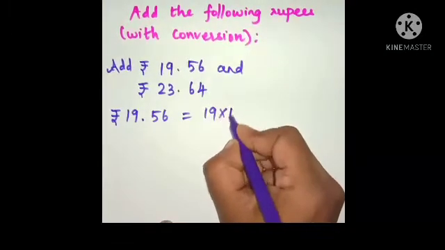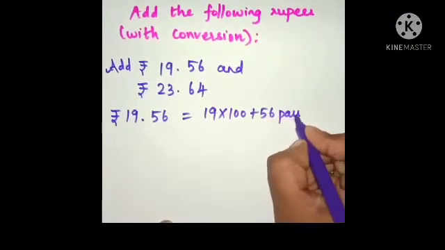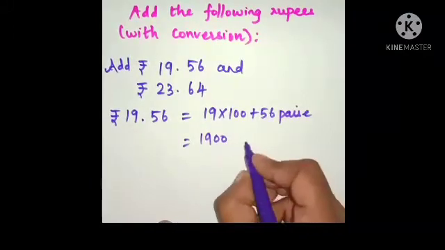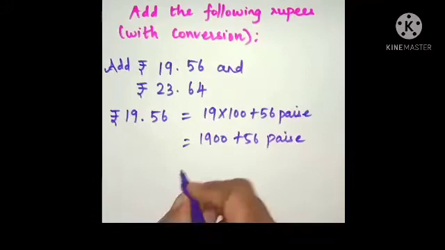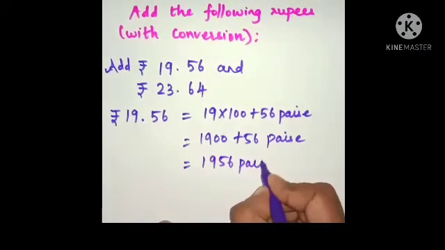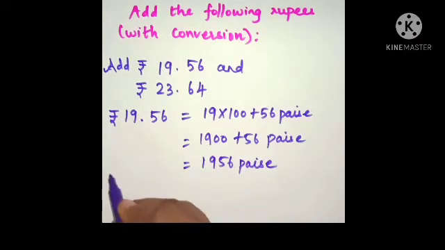Therefore 19 into 100 plus 56 pice. Therefore, 1900 plus 56 pice, 1956 pice.